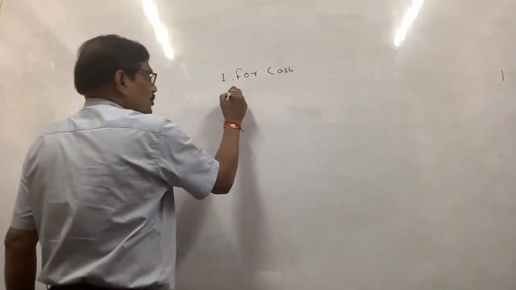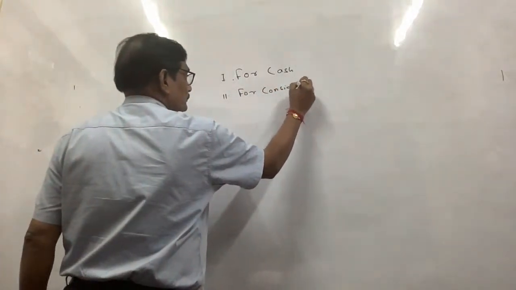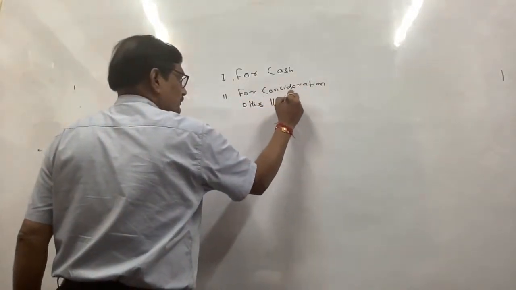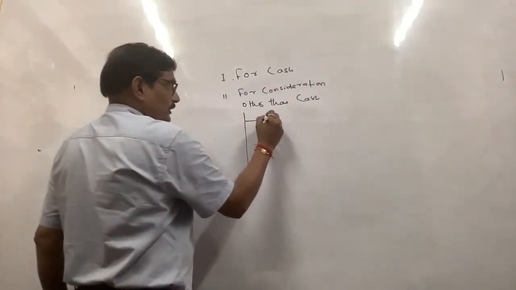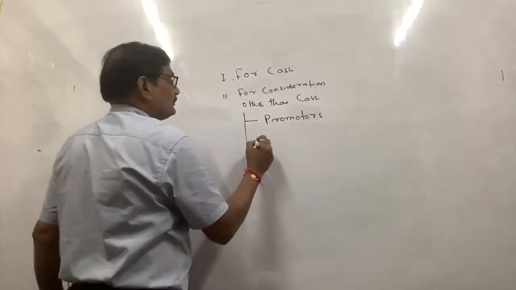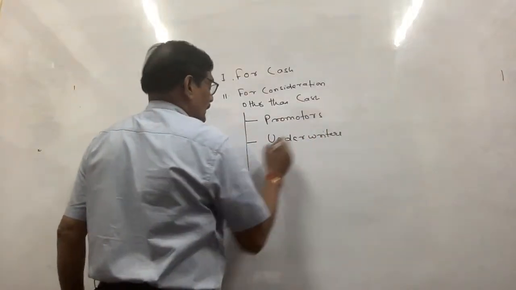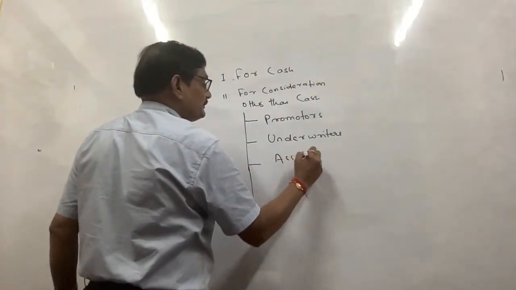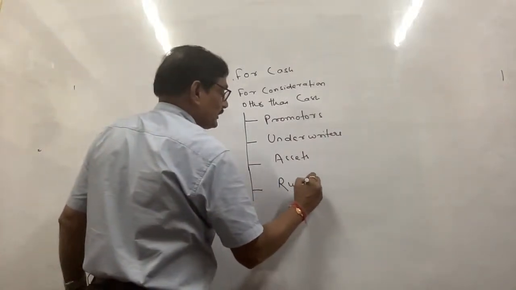Secondly, shares can be issued for consideration other than cash. Other than cash means shares can be issued to promoters, shares can be issued to underwriters, shares can be issued for purchase of assets, that is vendors, and shares can be issued for purchase of running business.